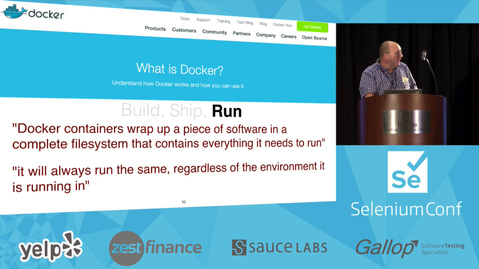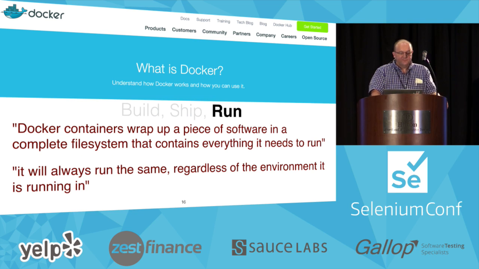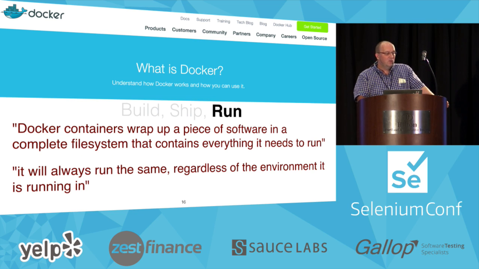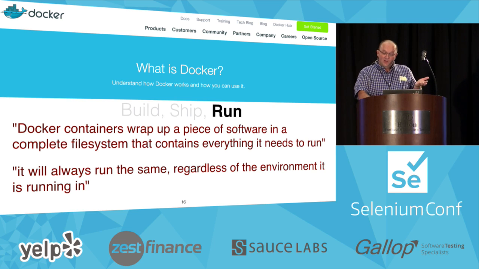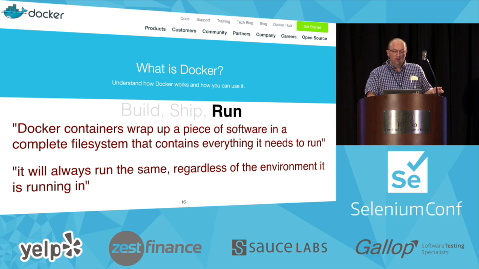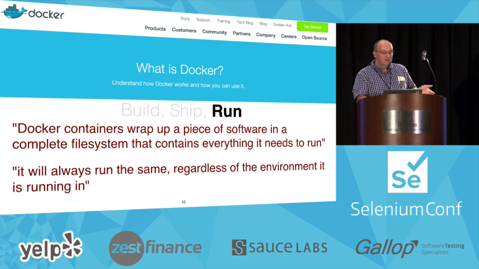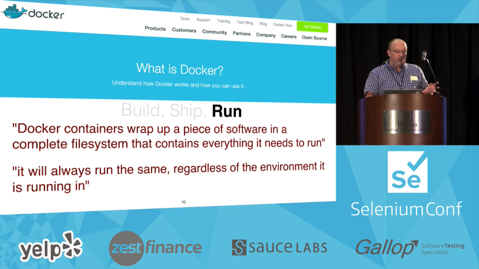And then the last part is the run. So when we say run, what do we actually run? I stole this piece from docker.com. It says, Docker loads your image and runs it as a process on your host machine, right? There's no boot time like virtual machines, because Docker containers wrap a piece of software in a complete file system that contains everything it needs to run.